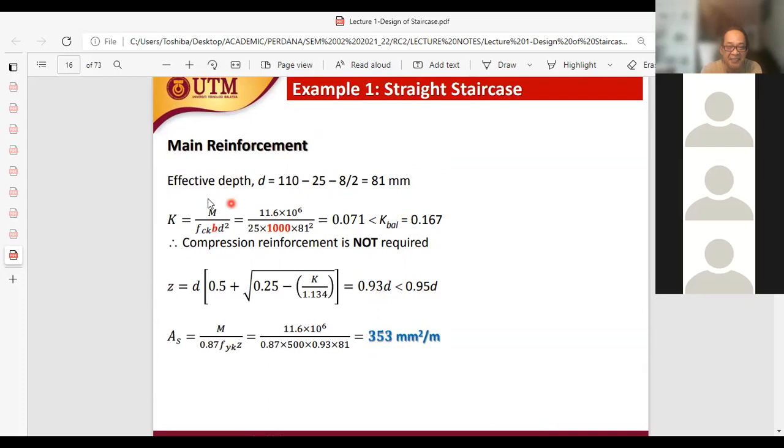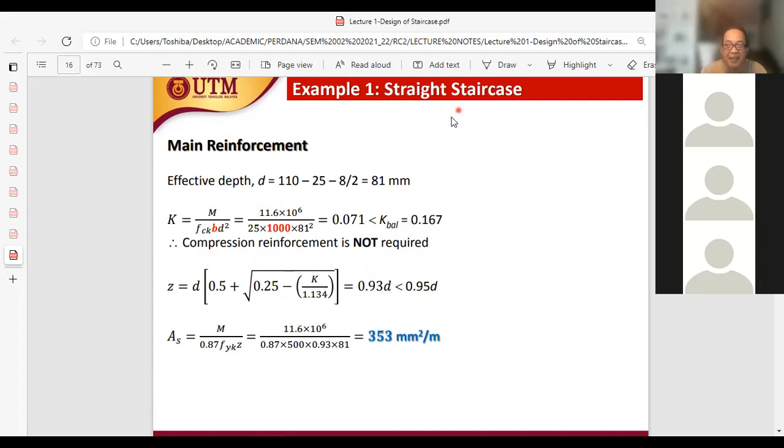So yang ini is just to verify that the section is singly reinforced, tak perlu tertulang berganda, menggunakan tertulang tunggal sahaja, singly reinforced. Compression reinforcement is not required because the K value is less than 0.167. Okay. This is one way lah membandingkan K dengan 0.167.